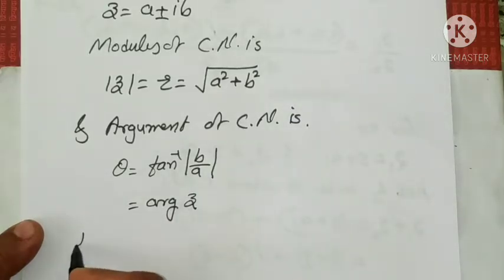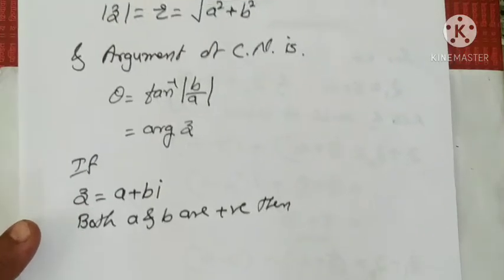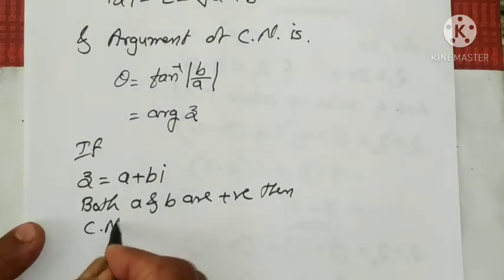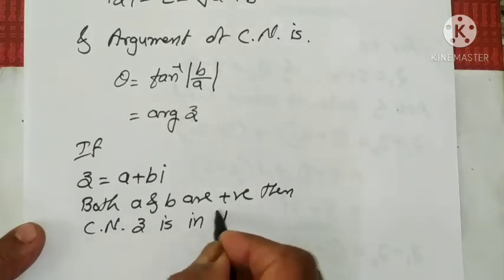If Z is equal to a plus ib, both a and b are positive, then complex number Z is in the first quadrant.